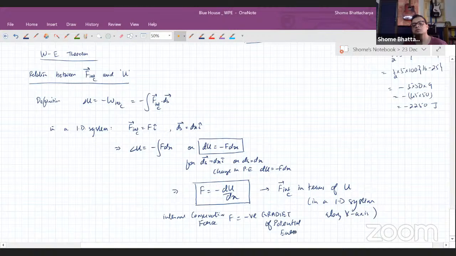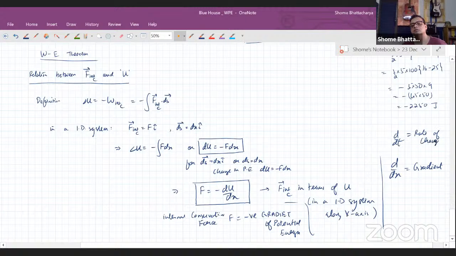So in this, the operator d by dx is called gradient, just like the operator d by dt is called rate of change, because this is with respect to time. So it is called rate of change, whereas this is with respect to position. X is a position coordinate now. So that's why it is called gradient. Okay, so note this down and we will see some concepts related to this.